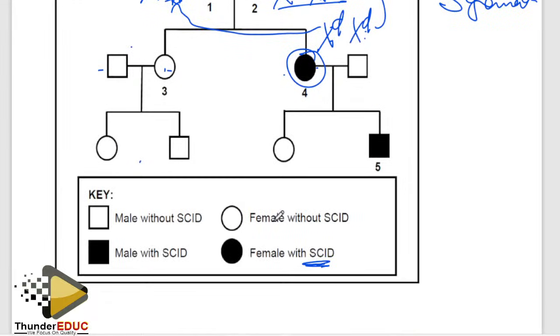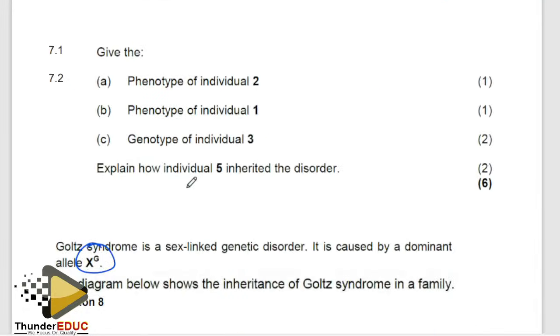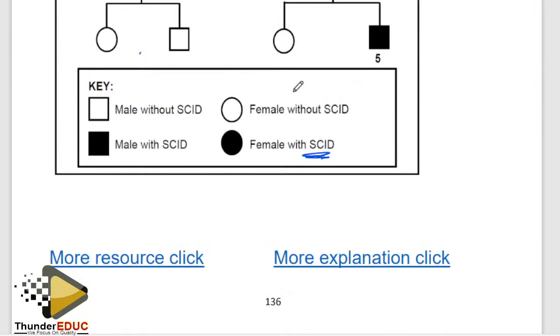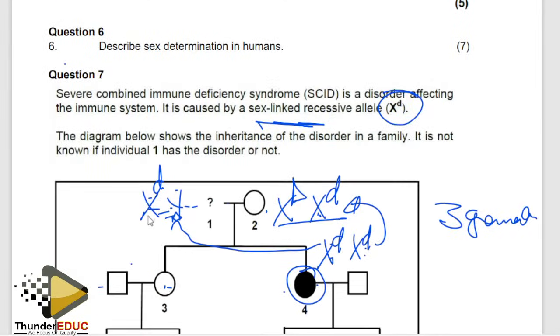A normal female, or female without the disorder. Then the phenotype of 1: we have identified that this person, because they have produced a kid who is sick, and the sick is like this, therefore one recessive allele came from here, another recessive allele came from here, and remember this is a male. Therefore this individual is affected with the disorder.